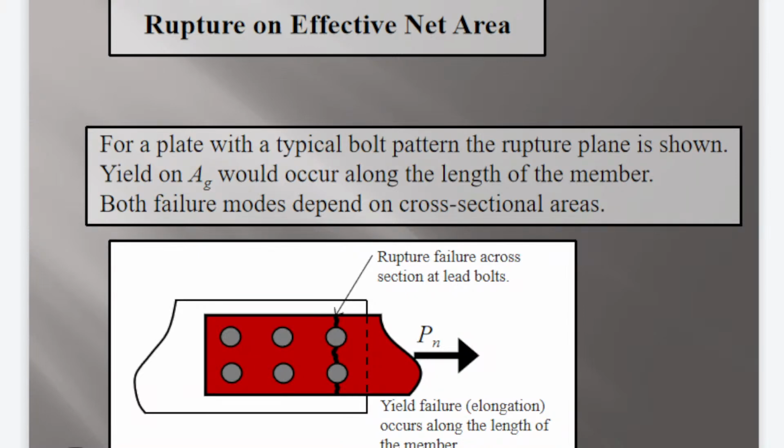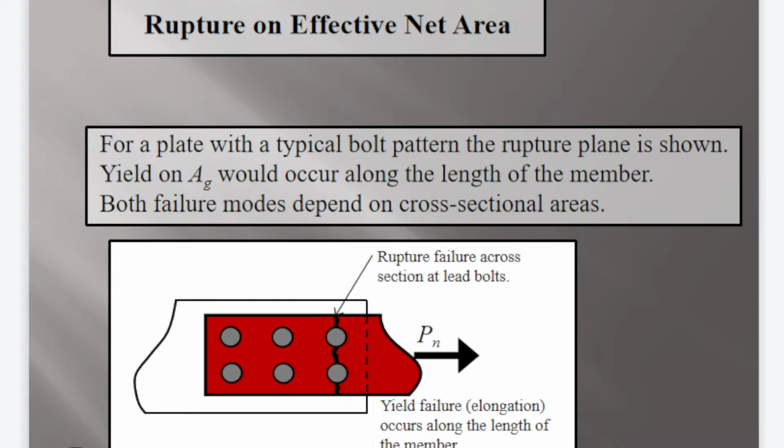For a plate with a typical bolt pattern, the rupture plane is shown. Yield on the gross area would occur along the length of the member, throughout the total length of the member.